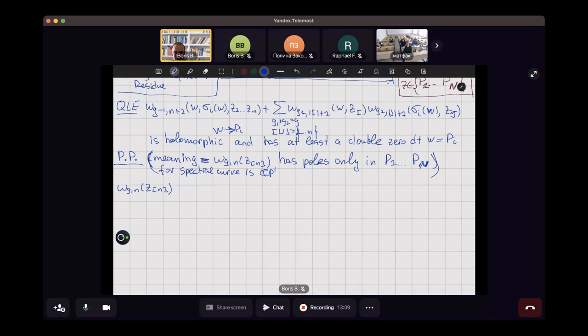According to this statement, I want my omegas to have one more condition.